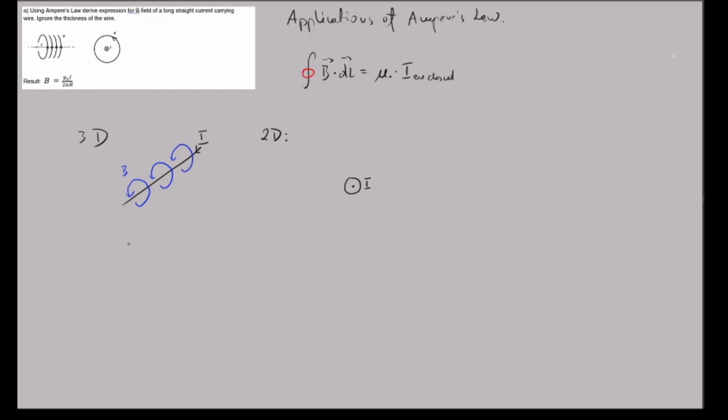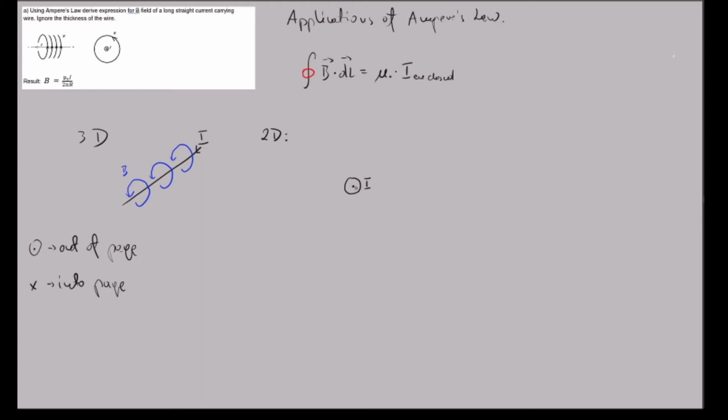Remember the convention that this means out of the page, and X means into the page. It's as if an arrow was coming at you, and here it's as if an arrow was going away from you into the page.